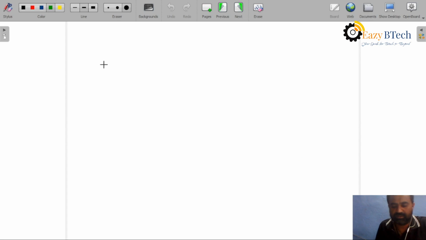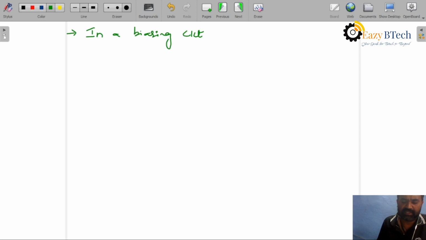Okay, students. In a biasing circuit with a feedback resistor, a silicon transistor is used.